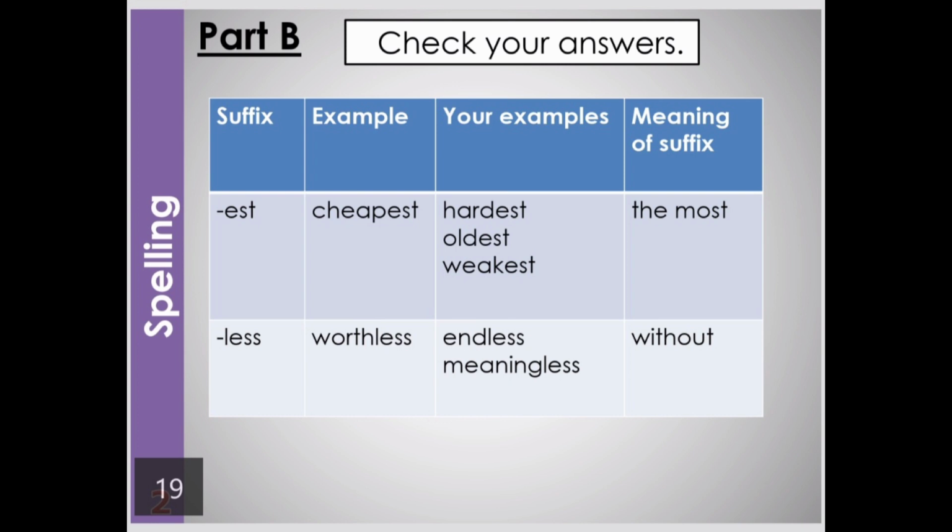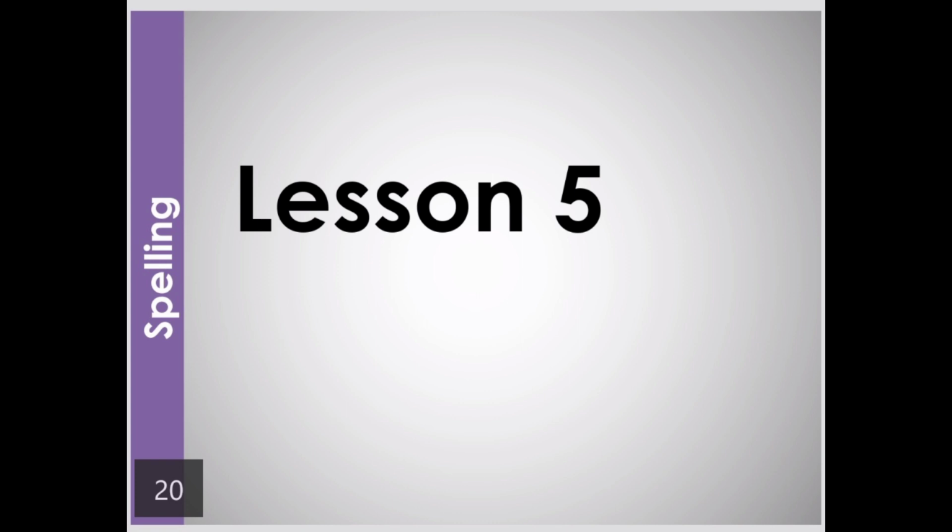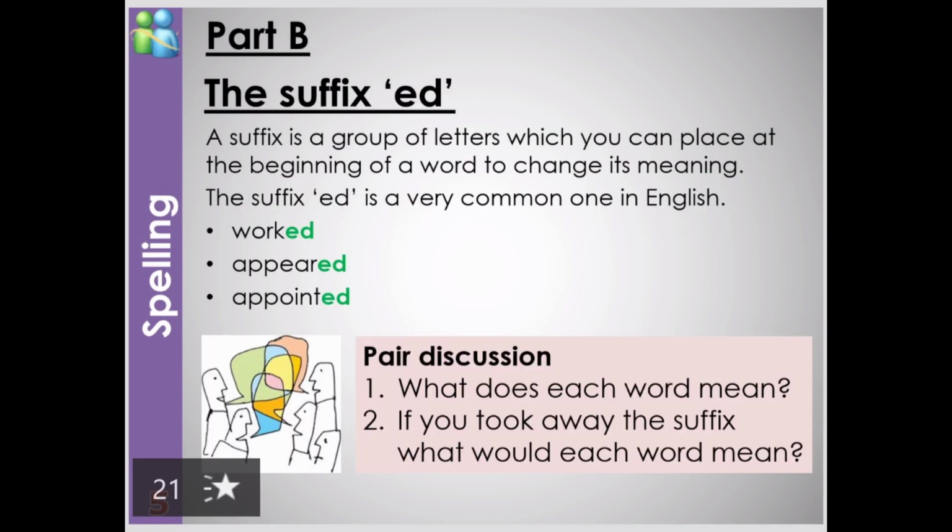My examples for est are hardest, oldest, weakest, which means the most. And for less, I have written endless and meaningless, which means without. Another suffix is ed, which we use as worked, appeared, appointed.